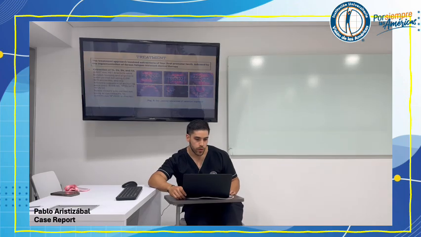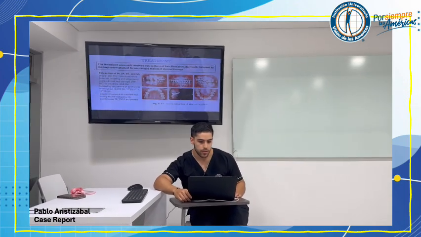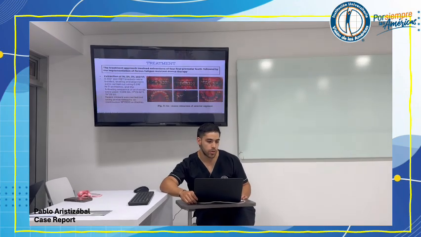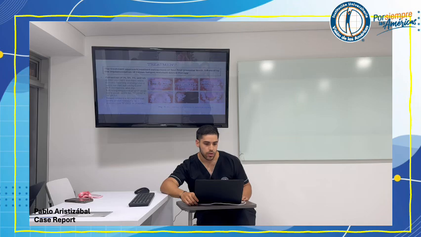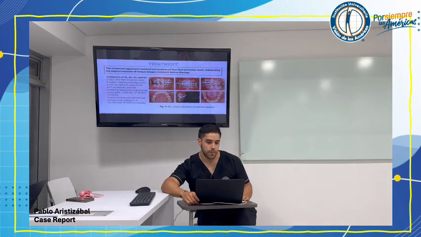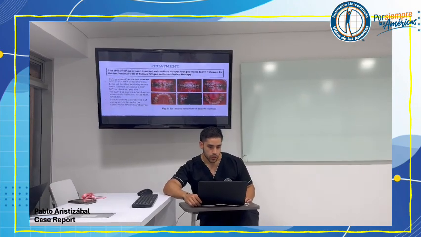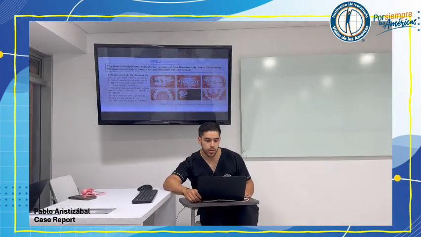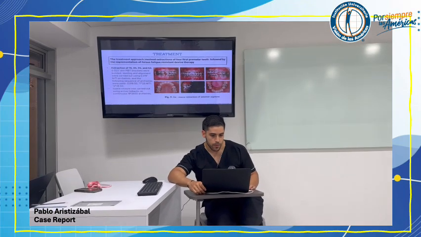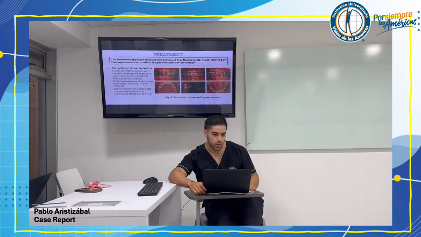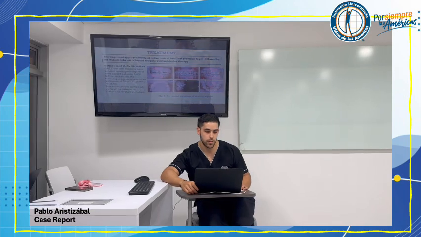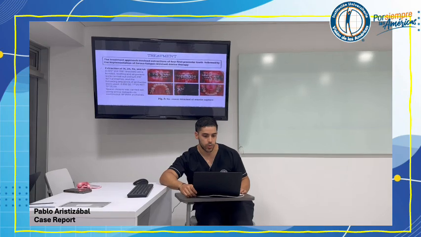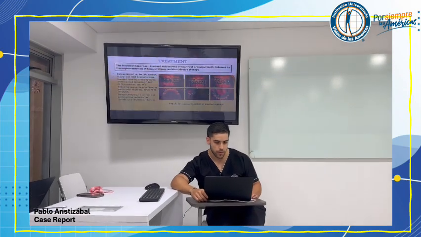Then they began the alignment and the first phase of the treatment with a 0.022 slot MBT prescription, carried out using the arch wires 0.016 NiTi, followed by 0.018 stainless steel, 17 by 25 NiTi, and finally 19 by 25 stainless steel.